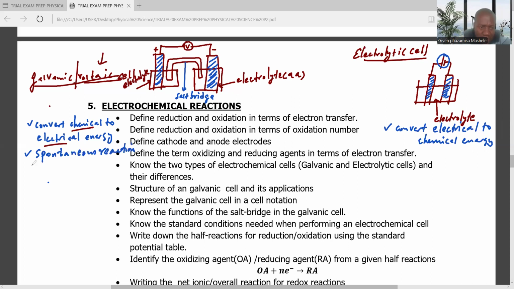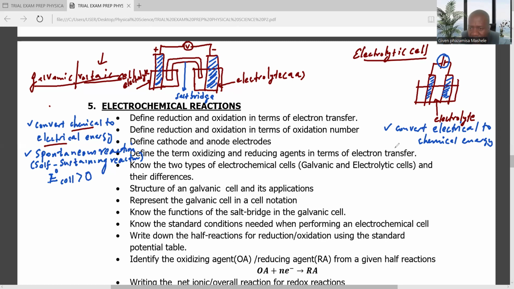What does it mean by spontaneous? It means it's a self-sustaining reaction, a reaction that takes place on its own, which means when we calculate the E cell, the E cell for a galvanic cell is always positive, bigger than 0.